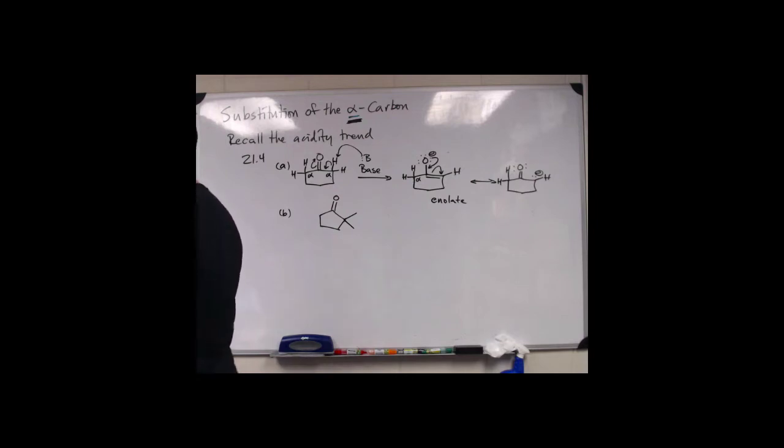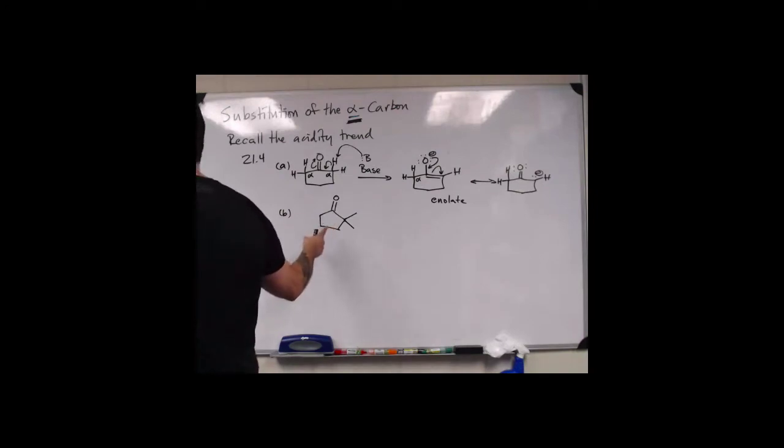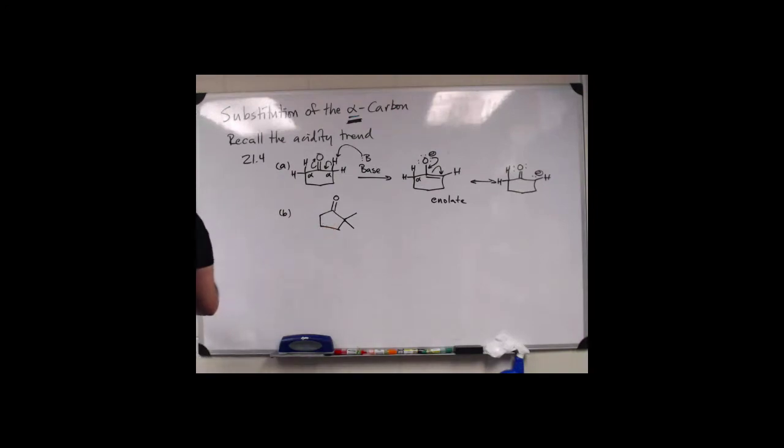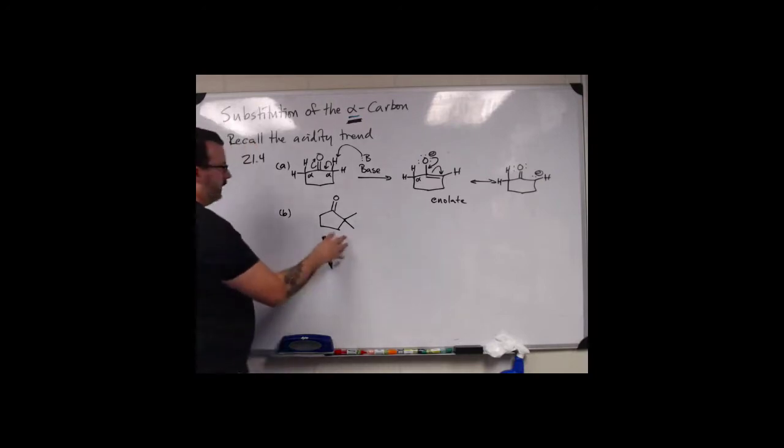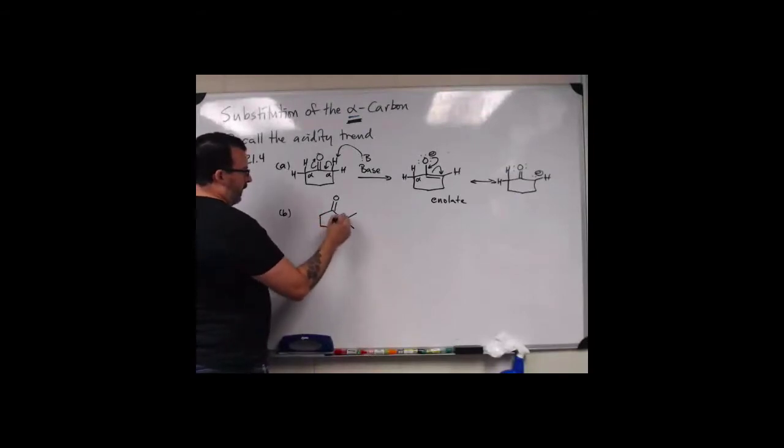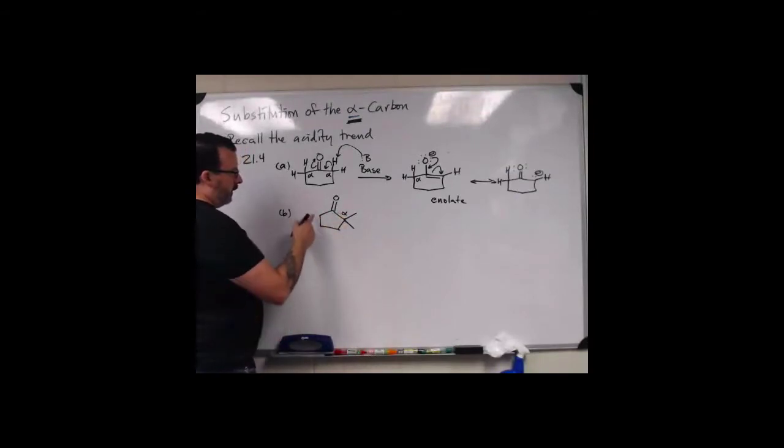So I think this specific substrate illustrates a good point in terms of how we talk about these structures. So again, it's a ketone. We have an alpha carbon. We have another one, but we're going to call this alpha prime.